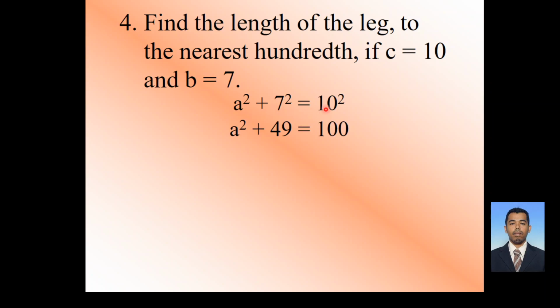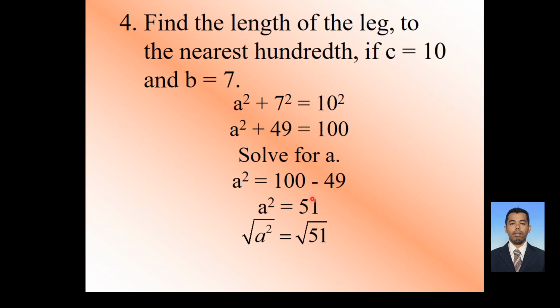Do the calculation and the operations on the left hand side and the right hand side. We will solve for the value of A. Therefore, A square is equal to 51. Taking the square root of both sides, you will get A is equal to 7.14.